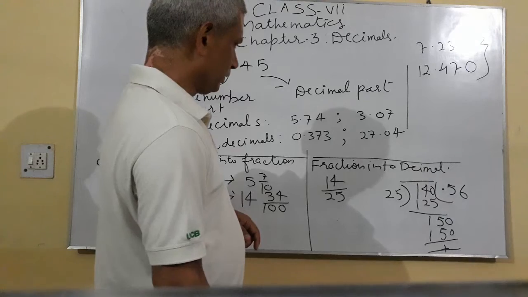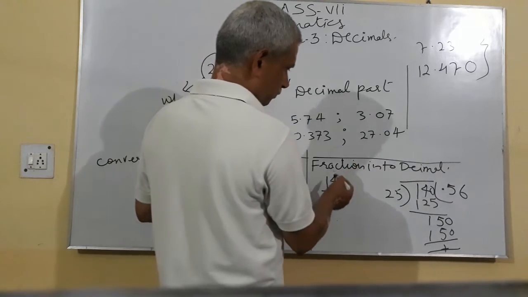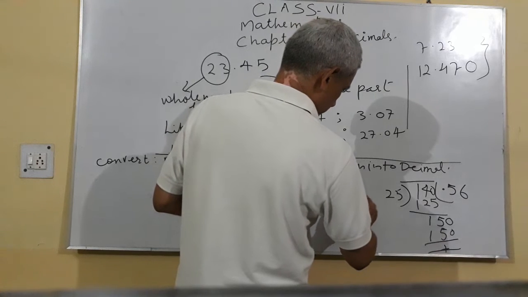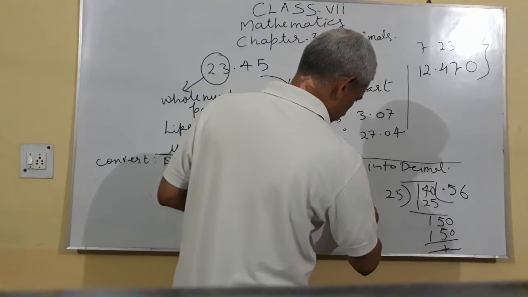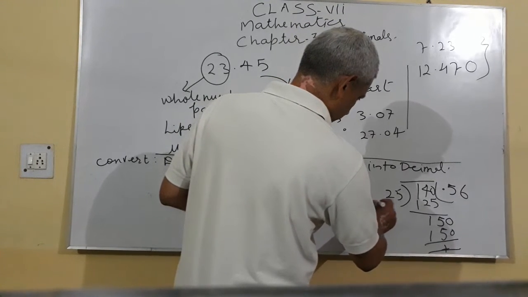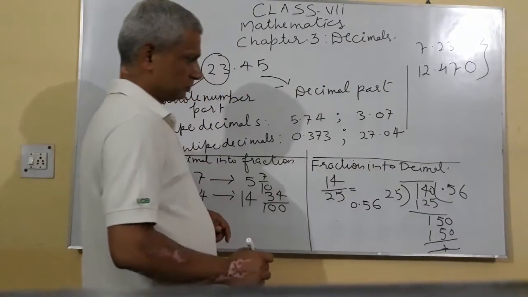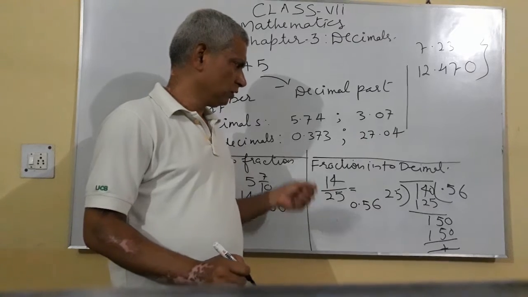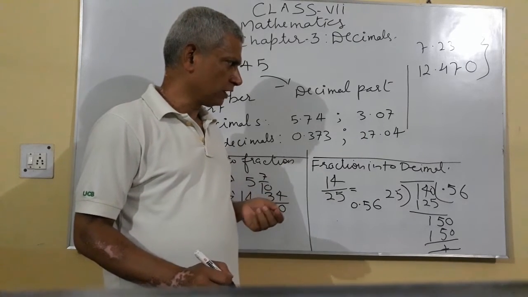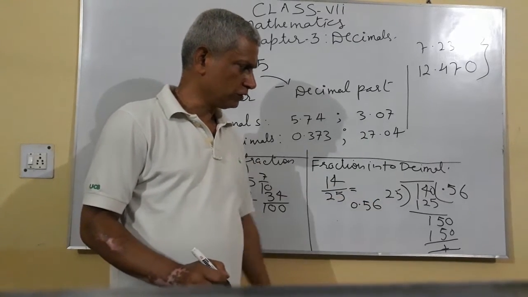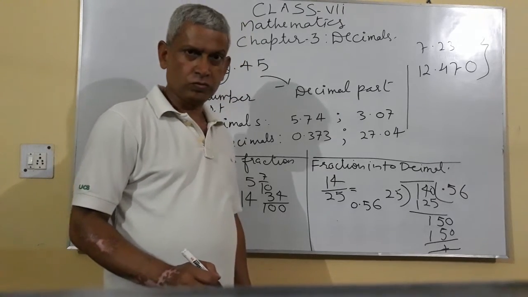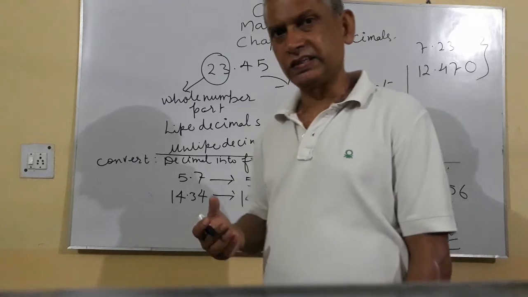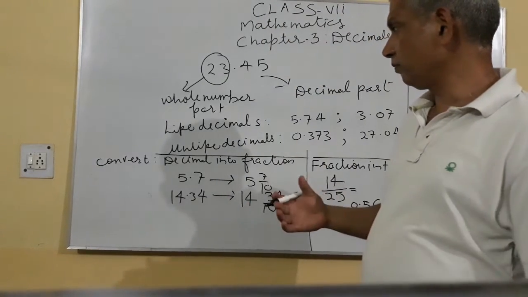So this way 14 upon 25, the answer will come 0.56. This way you convert a fraction into a decimal simply by dividing until you get 0 as a remainder.